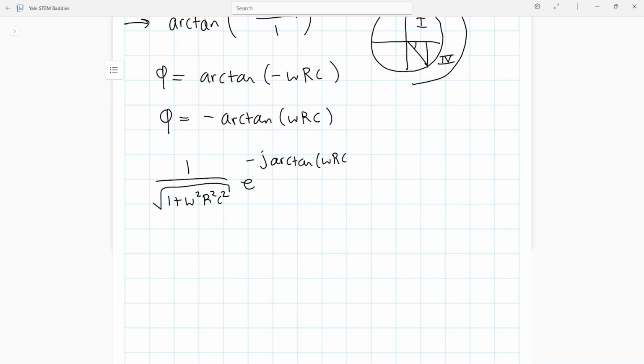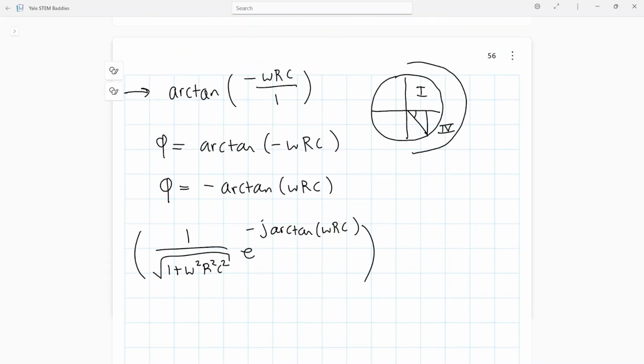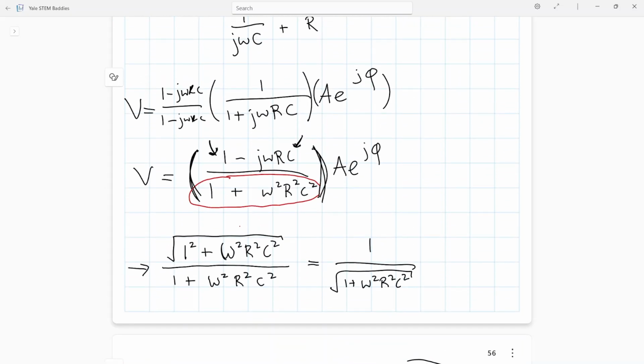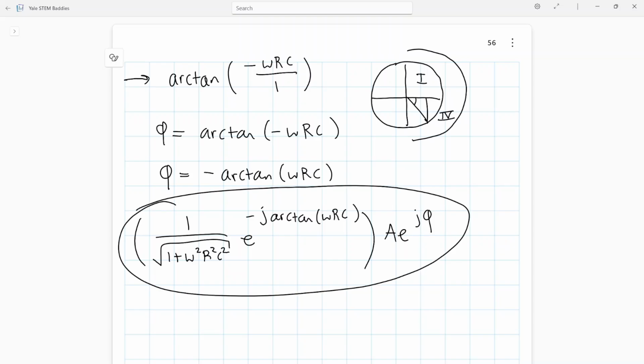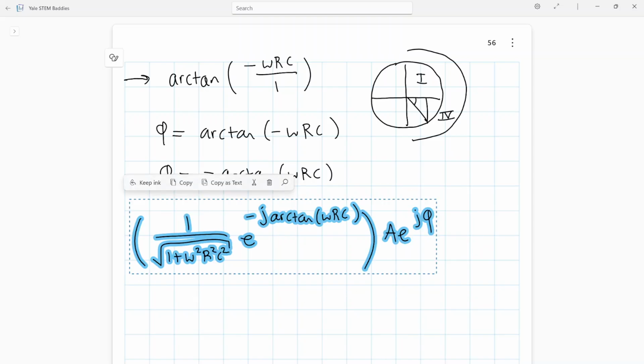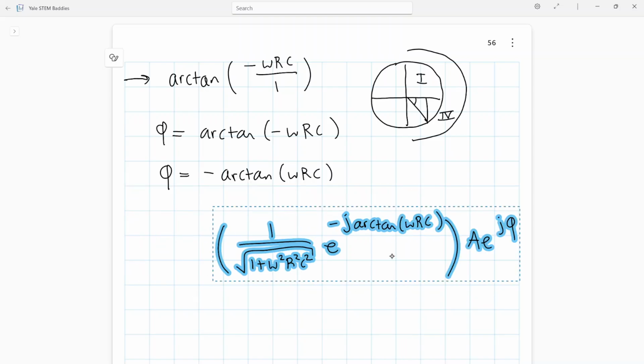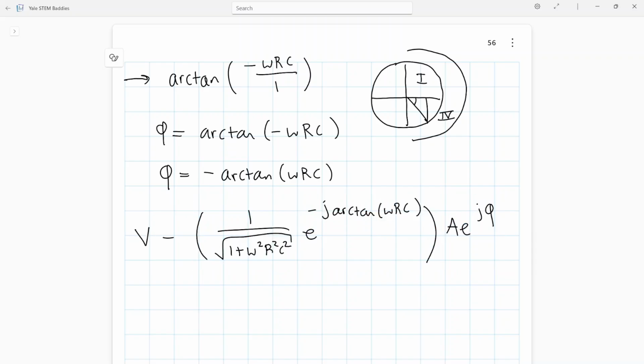So we've just found another way to represent what was originally in those parentheses. And then let's still carry along this a e to the j phi, and I'm going to move this over, and this is still equal to v.